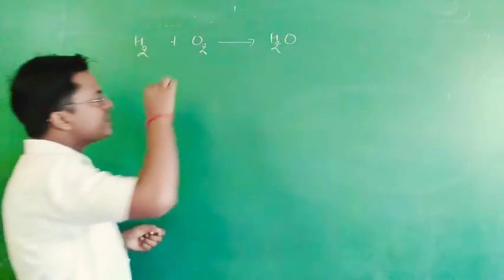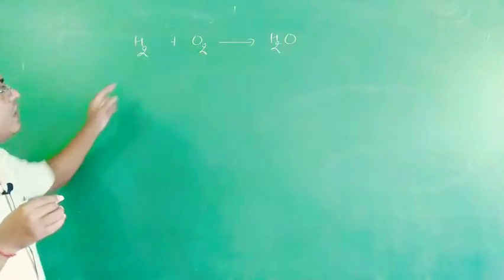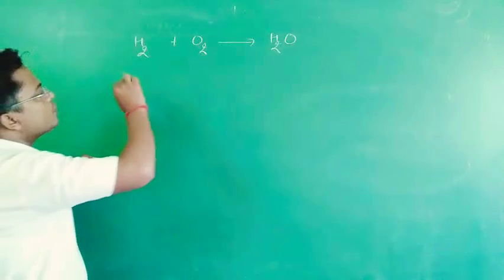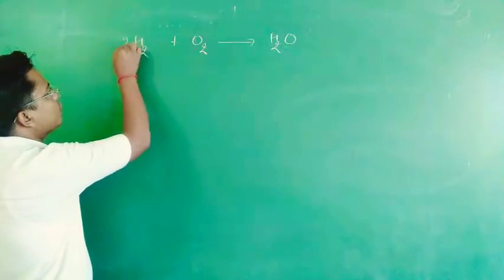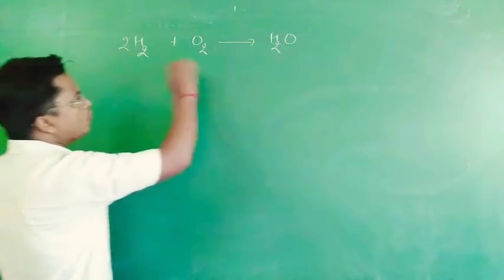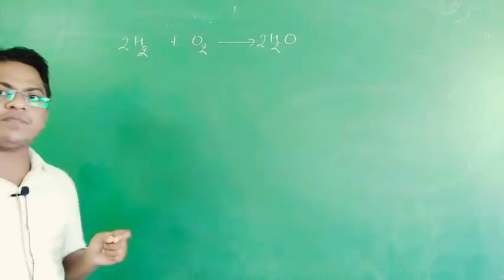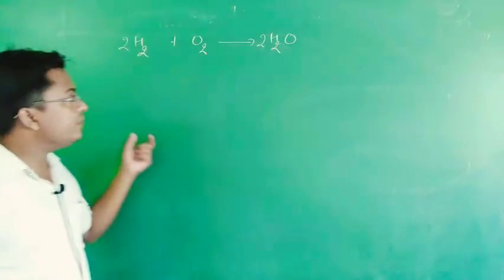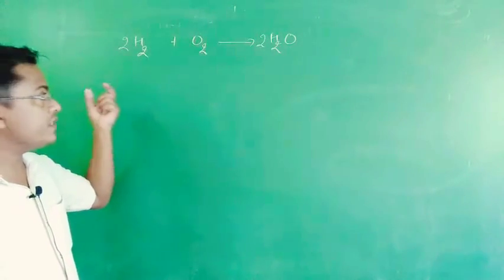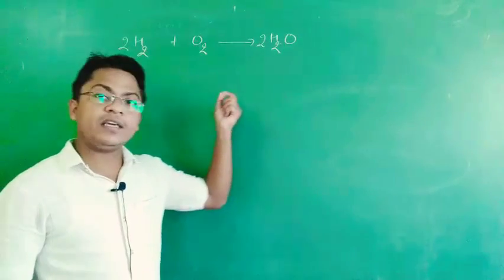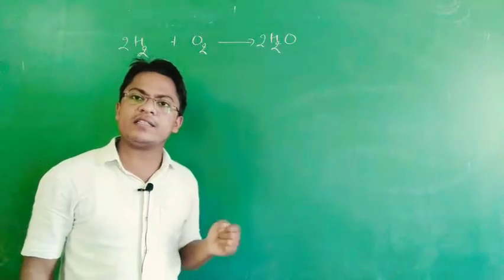Let us balance this reaction. For H2, we have to multiply it by 2: 2H2 plus O2 gives 2H2O. Now this reaction is balanced and we need to identify the oxidation state of each element given in this reaction.